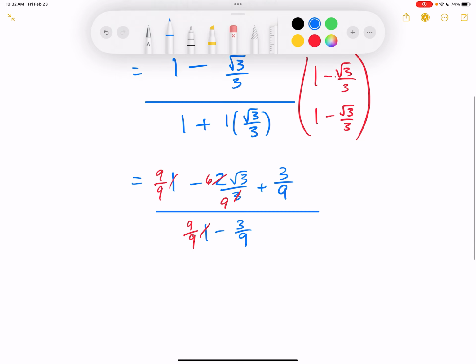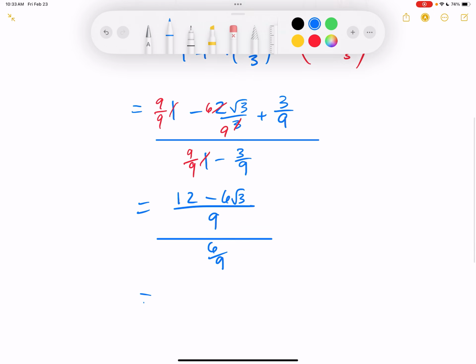So on top, I have 9 plus 3, so 12 over 9, and then minus 6 root 3 over 9. So 12 minus 6 root 3 over 9, all over 6 over 9. Now what? Keep, change, flip. So I'm going to get 12 minus 6 root 3 over 9 times 9 over 6.